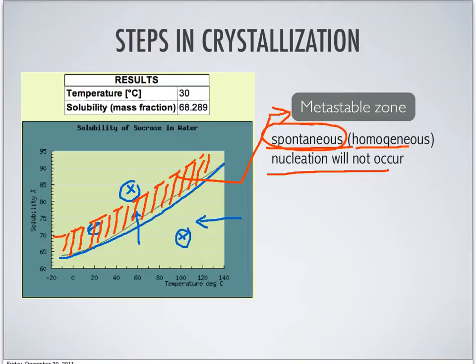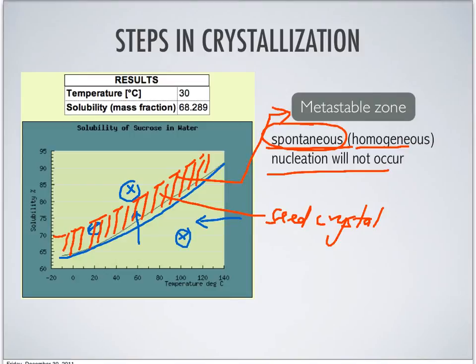If we add a seed crystal in the metastable zone, this seed crystal can grow. So in other words, in the metastable zone we cannot get spontaneous nucleation, but if we add a seed crystal, or if there is any dust or any foreign particles, it can grow.